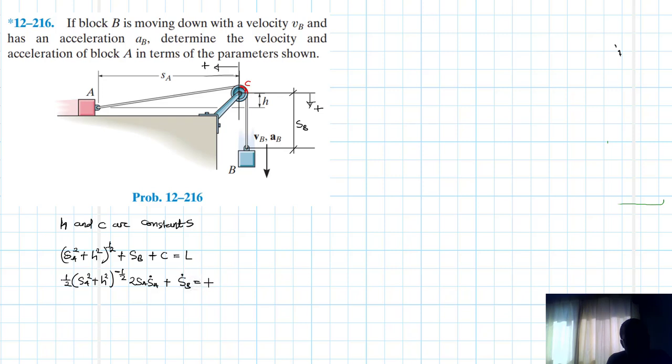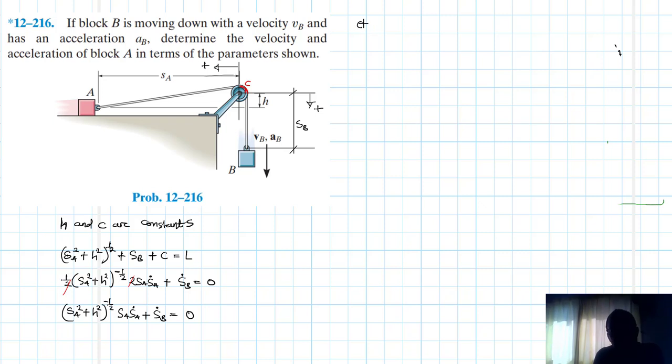We can simplify this further. We cancel out the 2, so this gives us SA squared plus H squared to the power minus 1 over 2, times SA dot, plus SB dot, equal to 0.